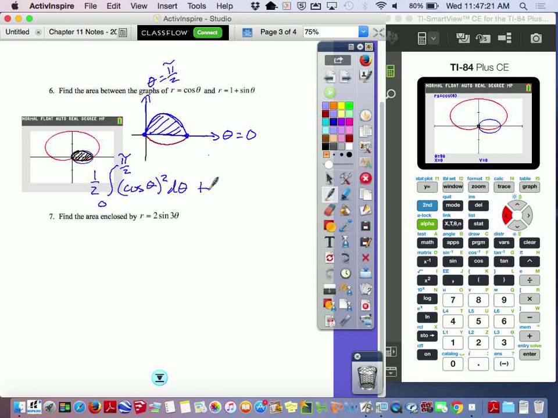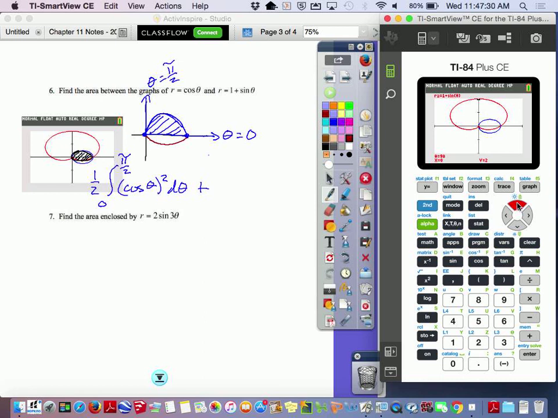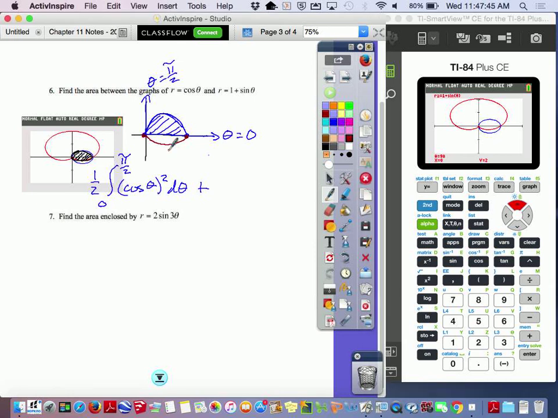I know that. I've got to add the area of this part that's below. So now I'm going to switch over to the other graph. You'll notice I switched over, and at 90 I'm up at the top of this graph. I need to get around this graph and get back to the origin and back to the 2 points that we need, these 2 points here. We need these 2 points if we're going to get that area.